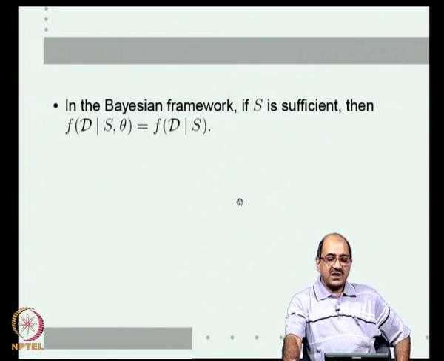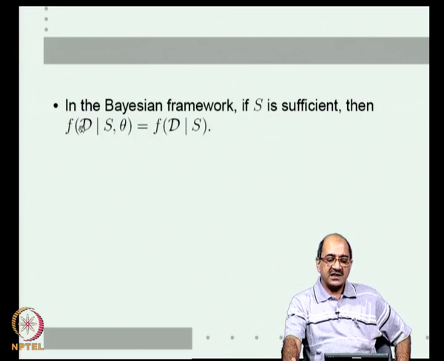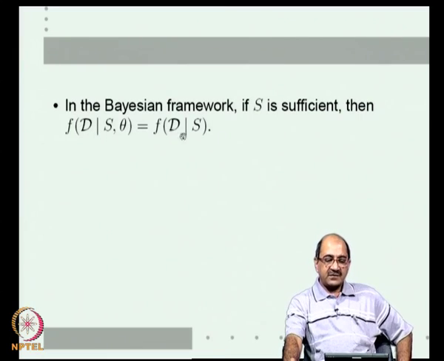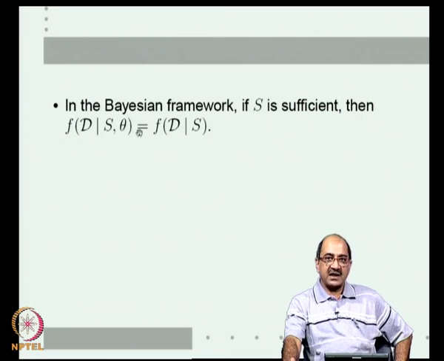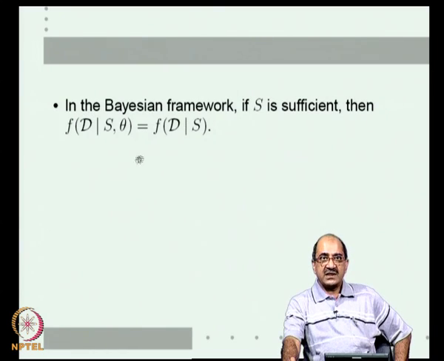Now, the same thing we can see in the Bayesian framework also. In the Bayesian framework, because I think of theta as a random variable, I can say S is sufficient if, conditioned on S, D is independent of theta. So, the conditional density of D given S comma theta is the same as the conditional density of D given S. Once again, I will caution you, as I said right in the beginning of all these estimation lectures, when we say density, it could be either a density or a mass function.